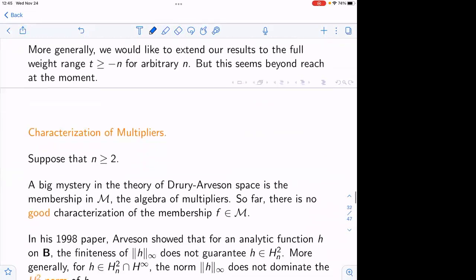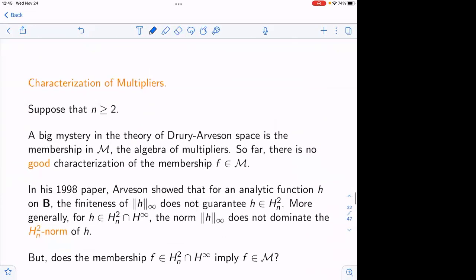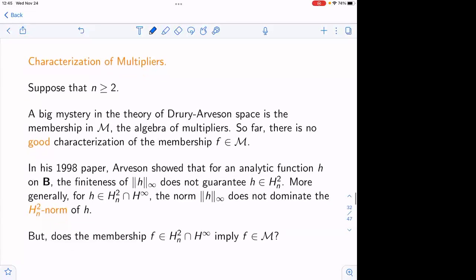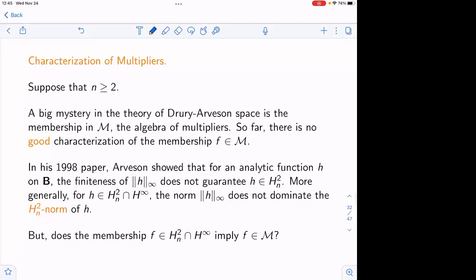So anyways, let me just briefly mention the problem of characterization of multipliers. The big mystery about Drury-Arveson space is really membership in M, the collection of multipliers. Unfortunately, so far, there's really no good characterization of this membership.